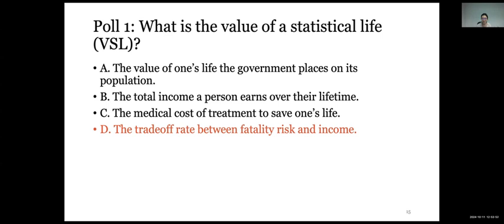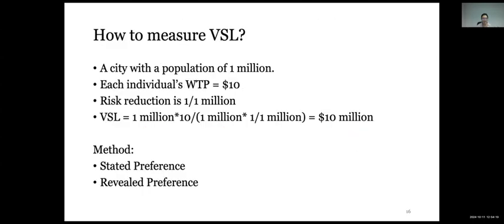Therefore, the value of statistical life captures a higher bound, or higher value, of one's statistical life. So that is the first poll, and I hope I cleared up your confusion a little bit about the value of statistical life.